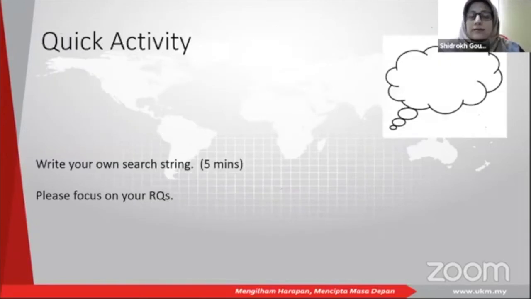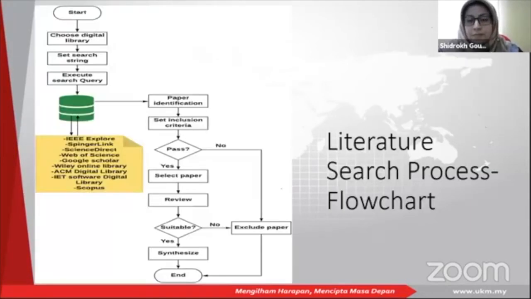This is another activity, and I will ask you to prepare your search string based on your scope. I prepared a flowchart for you. The search process is very simple; we need to follow this flowchart. At first, we choose our library and prepare our search string.